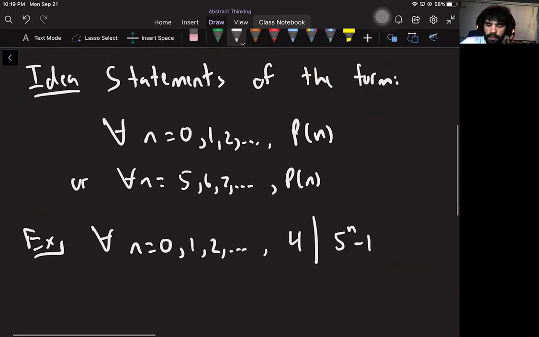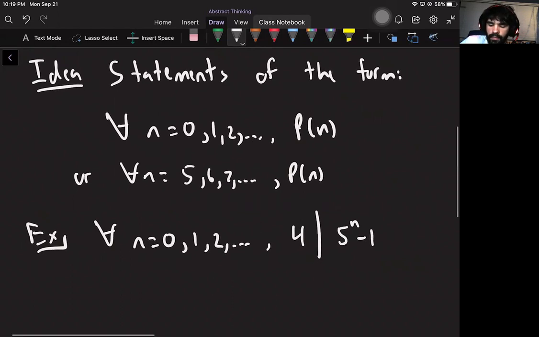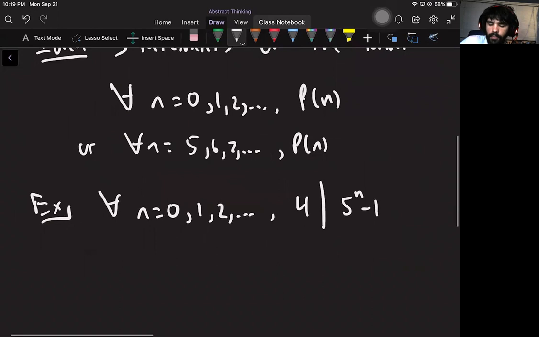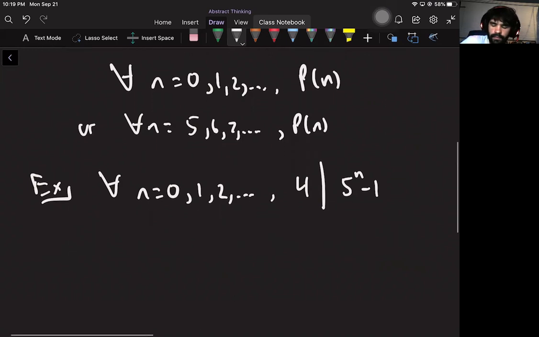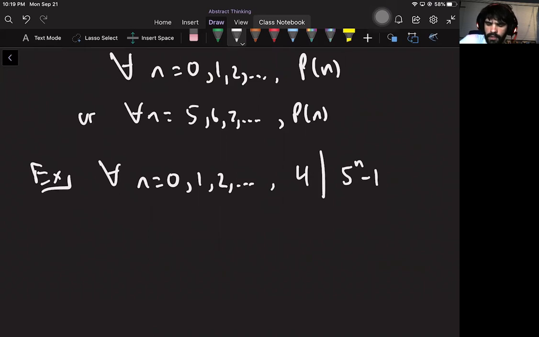So 4 keeps dividing this number no matter what n you plug in: 1, 0, 2, 3, it goes on forever. And the point of induction is I can't literally plug in every number to check this, but I can do something else.